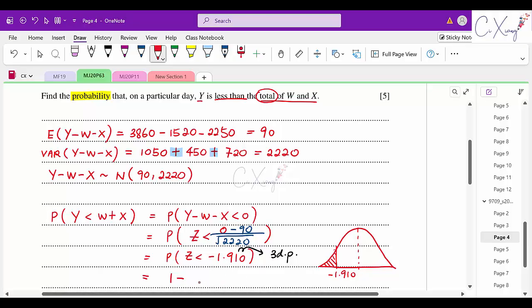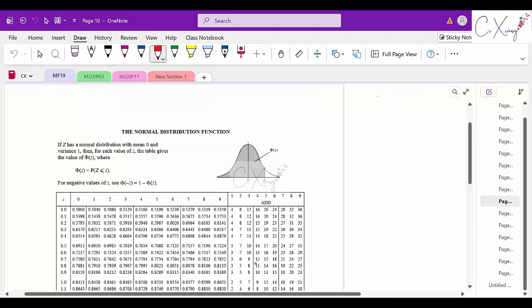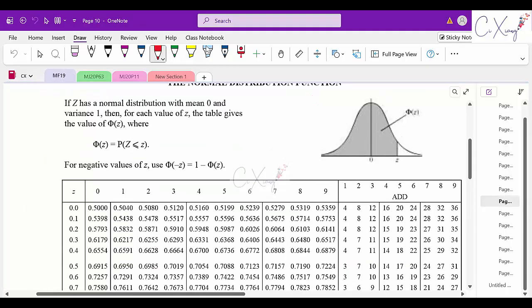If you are not so sure what I am doing here, maybe you have to go back to your AS syllabus, Statistics 1, Chapter 5, the normal distribution, and do some revision on that. Because all these are from the AS syllabus in Stats 1, Chapter 5, yeah? Okay, so to find this probability, I have to take 1 minus the answer for z smaller than 1.91.